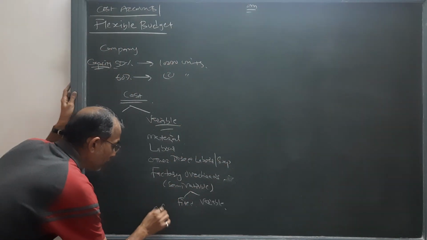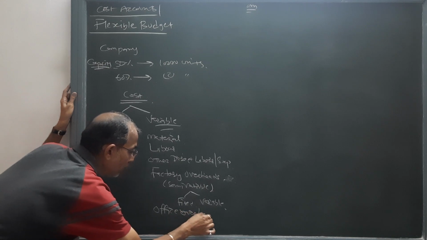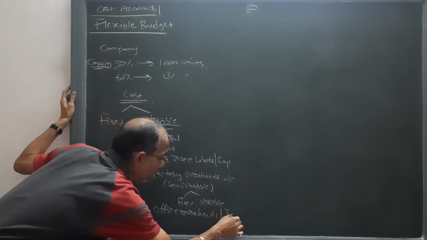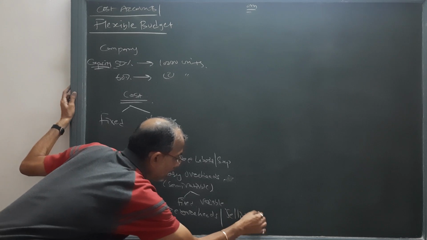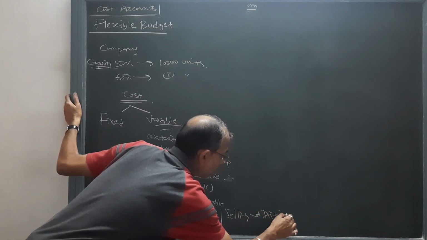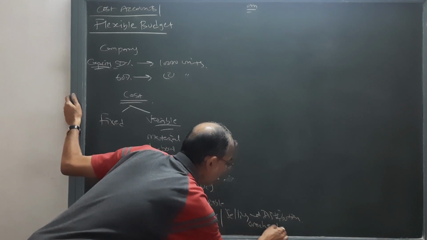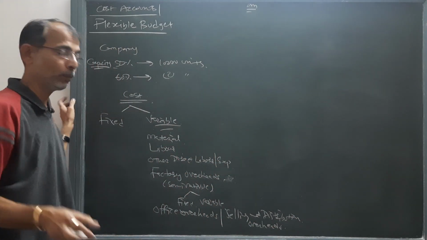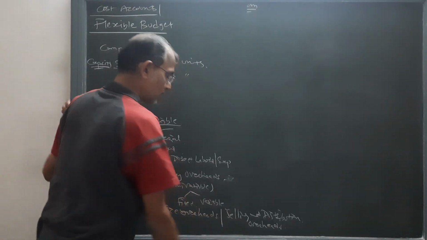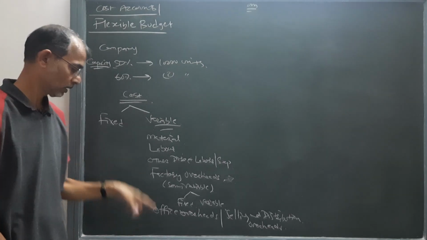Then after that, office overheads and selling and distribution overheads. The same thing will apply to both these overheads as to factory overheads.